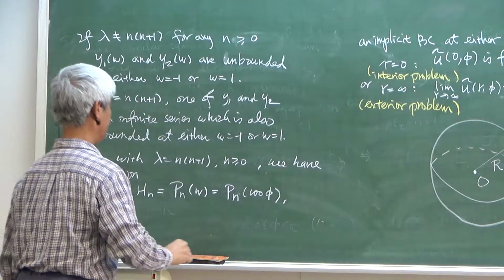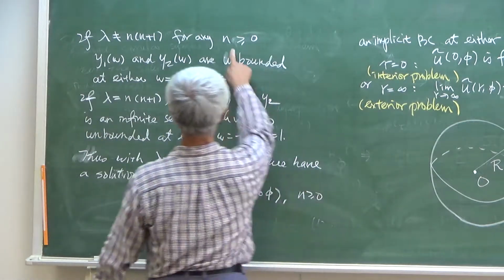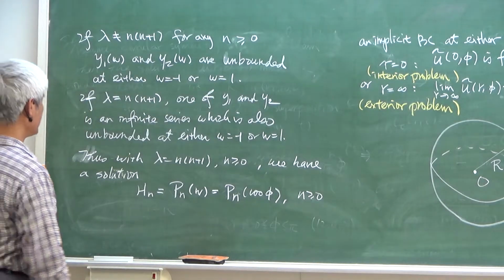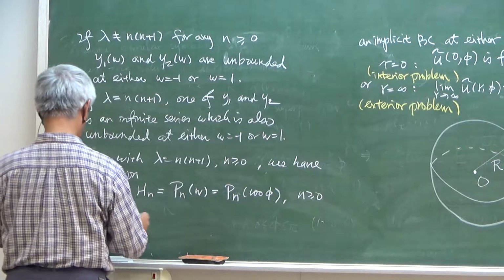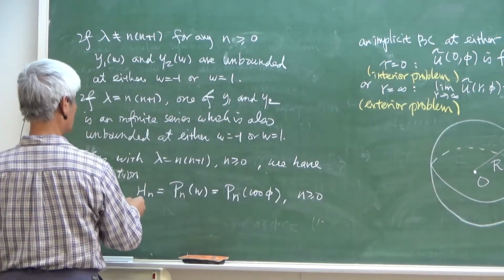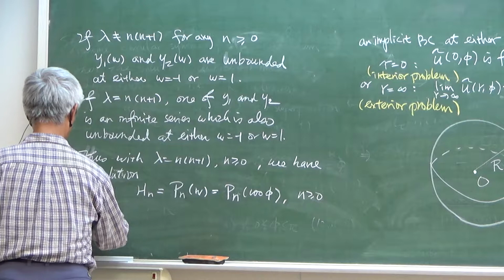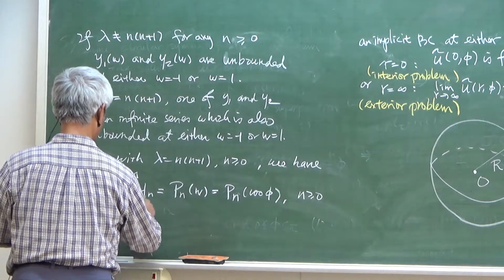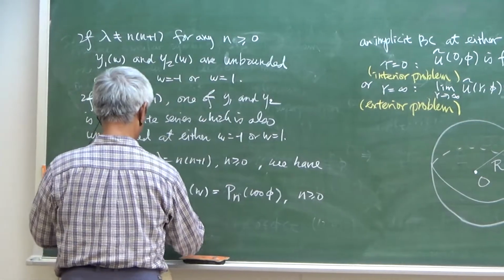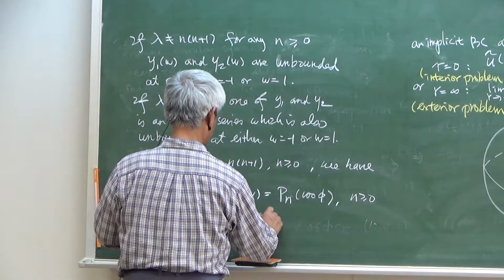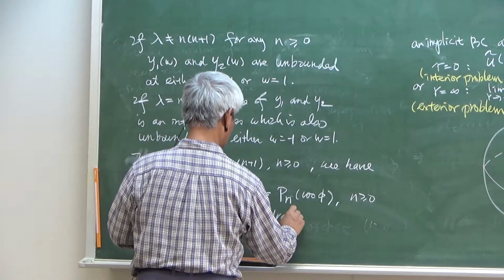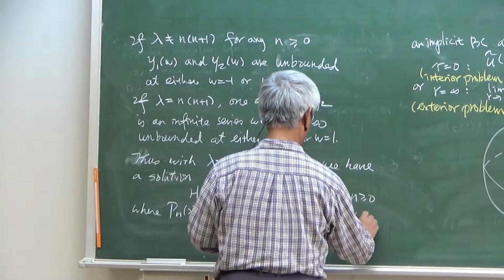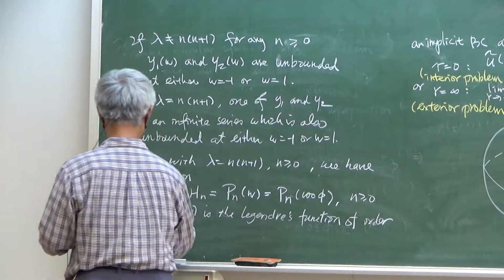I'm sorry, please change that. Where P_n(x) is the Legendre function of order n.